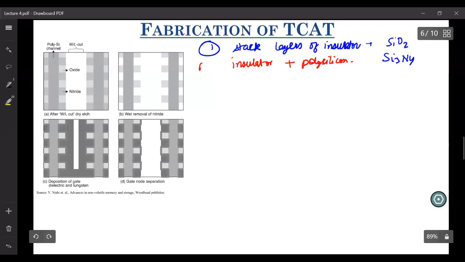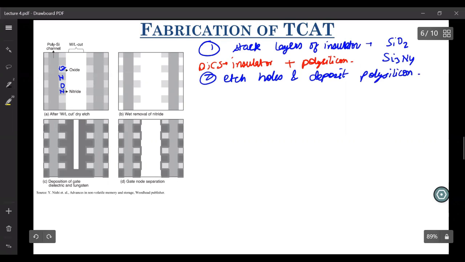But here it's not polysilicon, because it's not a gate first process, it's a gate last process. So here you first deposit the insulators. This is your oxide, this is your nitride, then again oxide, then nitride. So deposit stacks like that. And then in the second process, you etch holes and then deposit polysilicon. Once you do that, you arrive at something like this.